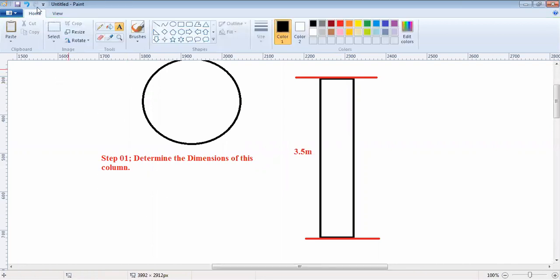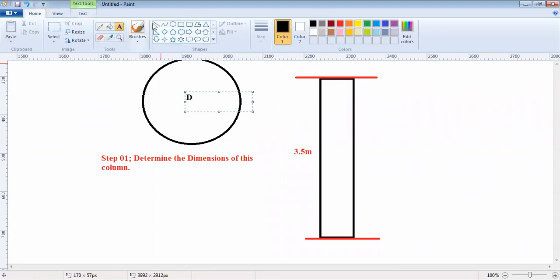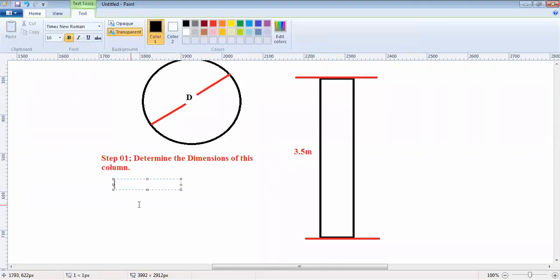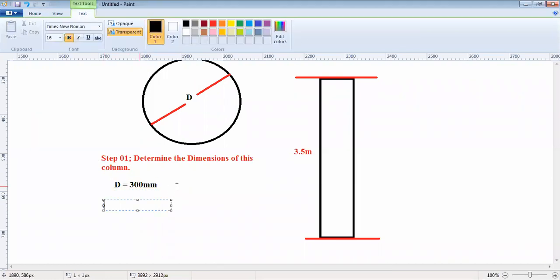So there will be a D. This is D, the diameter of this column, which is 300 mm. We're just assuming that it's 300 mm at this stage for this amount of load.